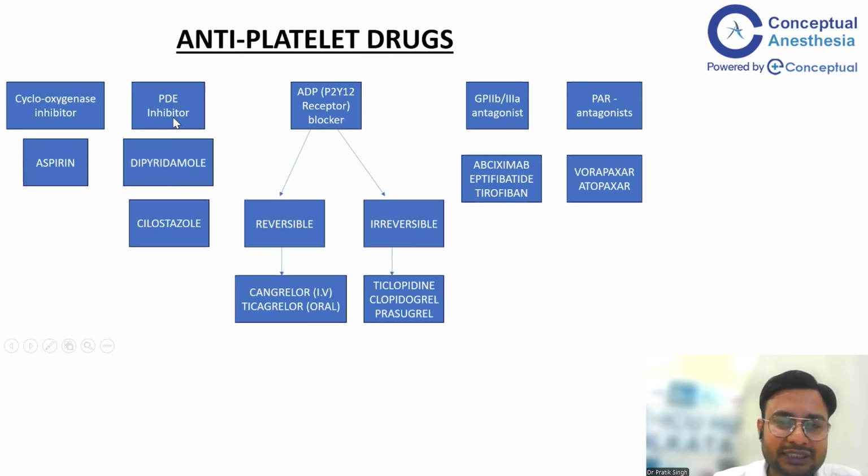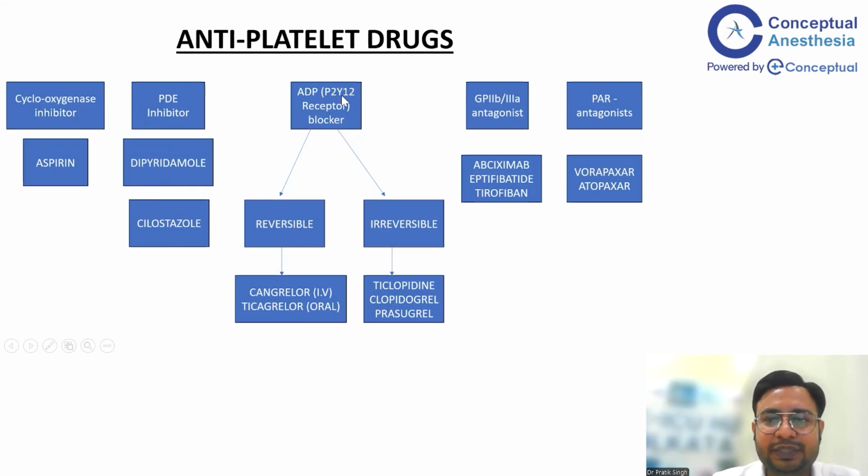Phosphodiesterase inhibitor does not let the metabolism of cyclic AMP happen, which helps in the dilation of the vessel. Cilostazol is a common drug used in peripheral vascular disease. Dipyridamole is used in some kinds of cardiac diseases.